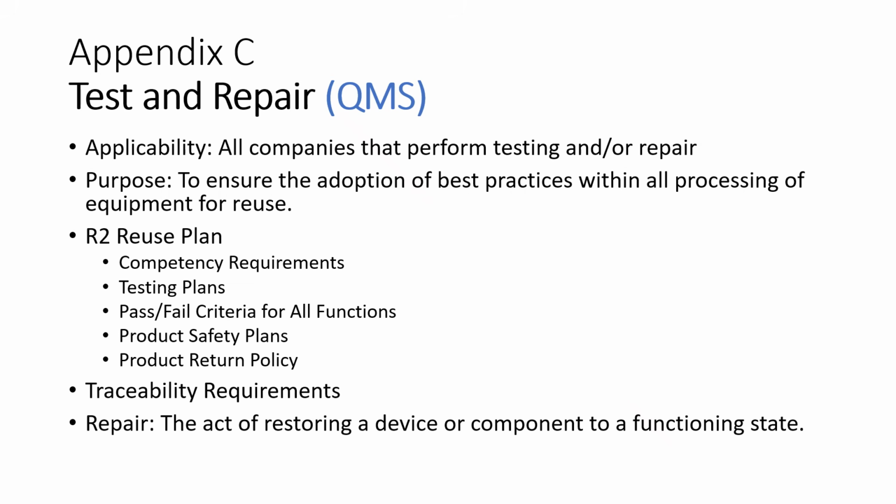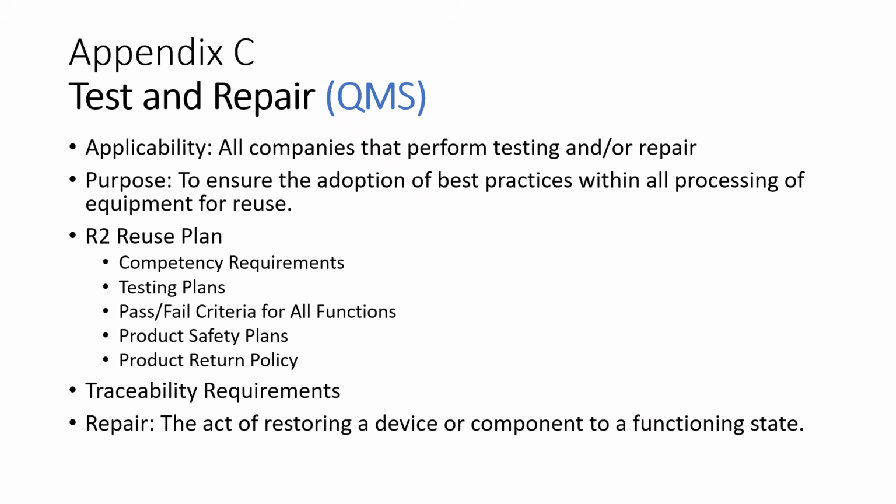The purpose of this process is going to be to ensure the adoption of best practices within all processing of equipment for reuse. The primary driver of this requirement or process is going to be the R2 reuse plan.